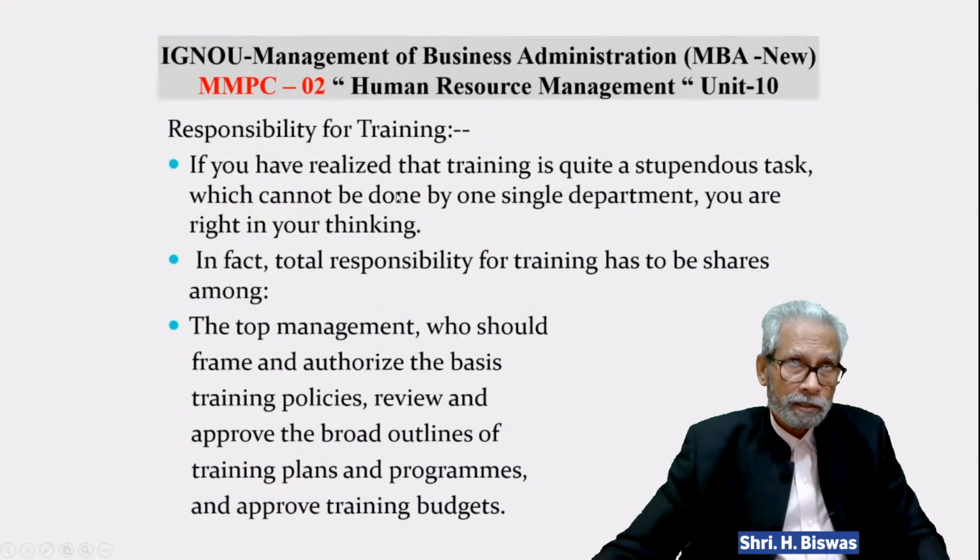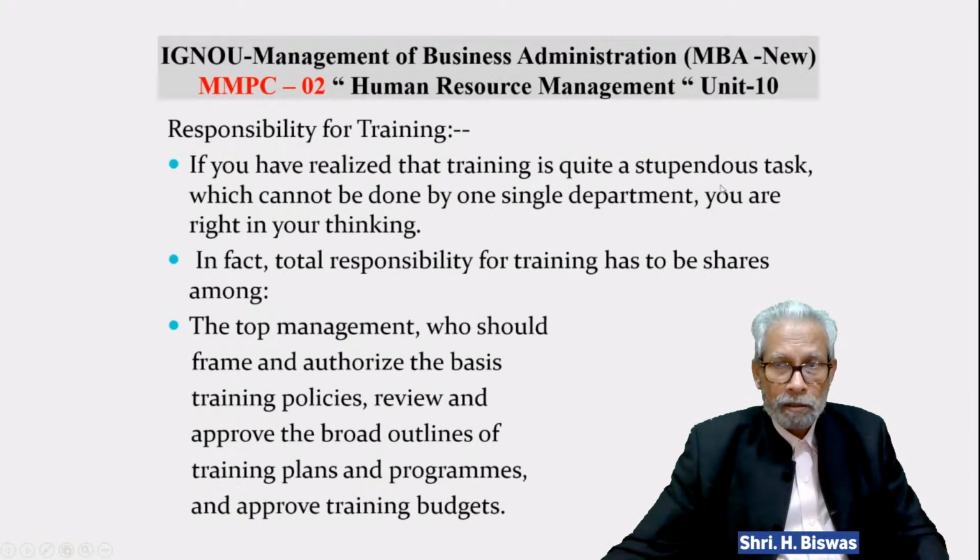The responsibility for the training. You have realized that training cannot be done by a single department. In fact, the total responsibility for the training has to be shared, because one particular department, HRD, cannot do it. Everybody has to be involved: your top management and other beneficiary departments, finance, production, what else?